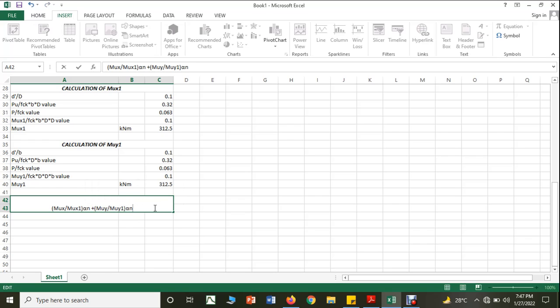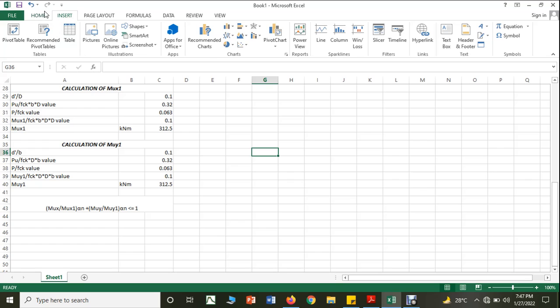It should be less than or equal to 1, right? Yes, so this is my condition.